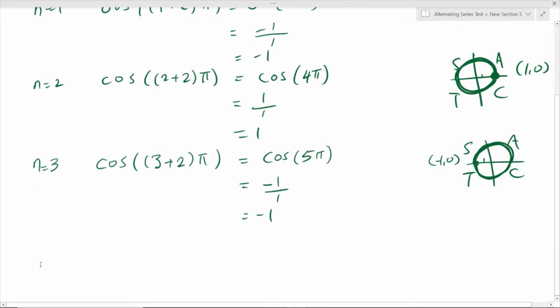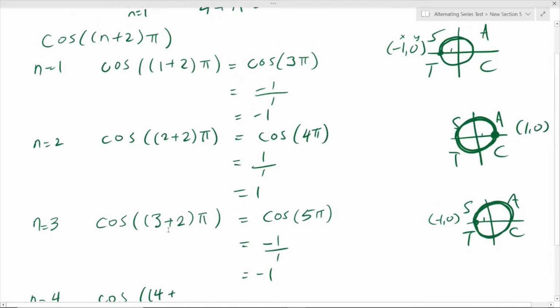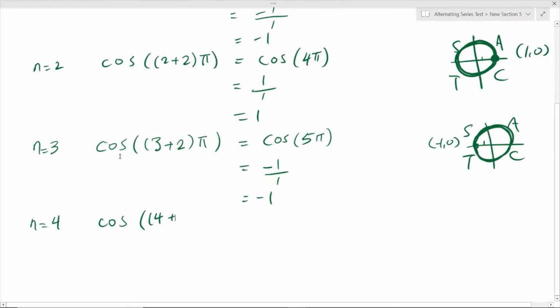Now n equals 4. N equals 4, so cos, so we plug in 4 into this n. Not sure we noticed the pattern yet, but there is a pattern.